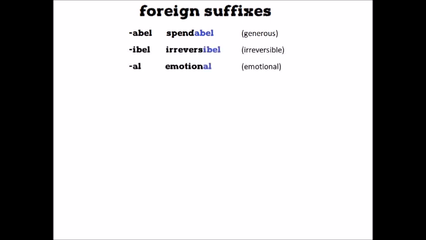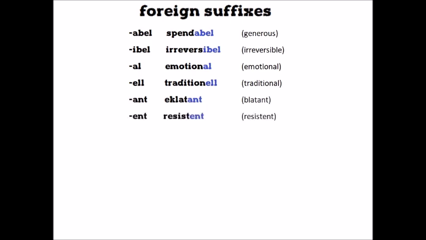These were all the Germanic suffixes, but there are many loanwords in the German language, and they have suffixes from other languages. I will only briefly cover them. Abel, spendabel. Ibel, irreversibel. Al, emotional. Traditionell. Ant, eklatant. Ent, resistent. Planetar.